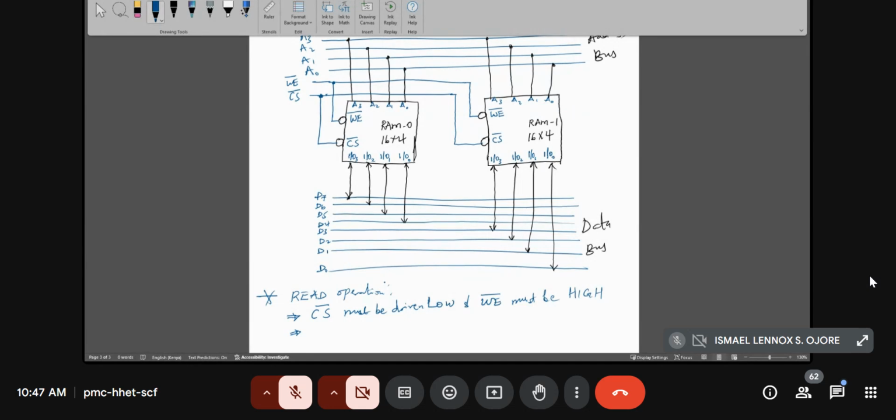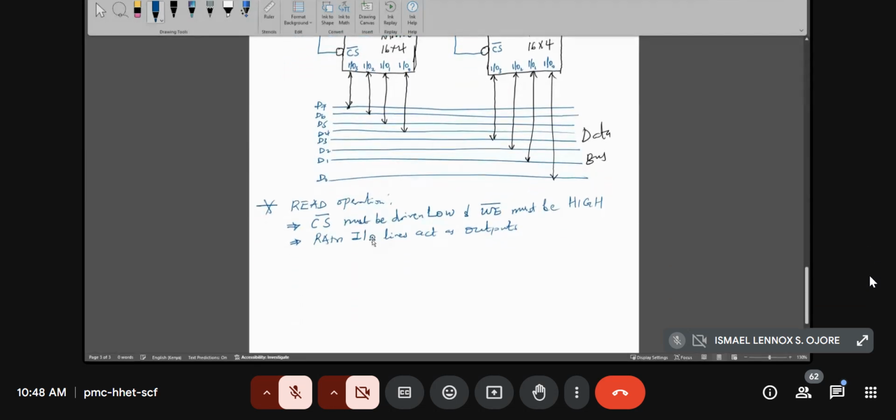And yeah, so then for a read operation, of course, the various input output lines will now act as outputs, because they are bidirectional. They can act as inputs and also as outputs. So in this case, now they will be configured as outputs.